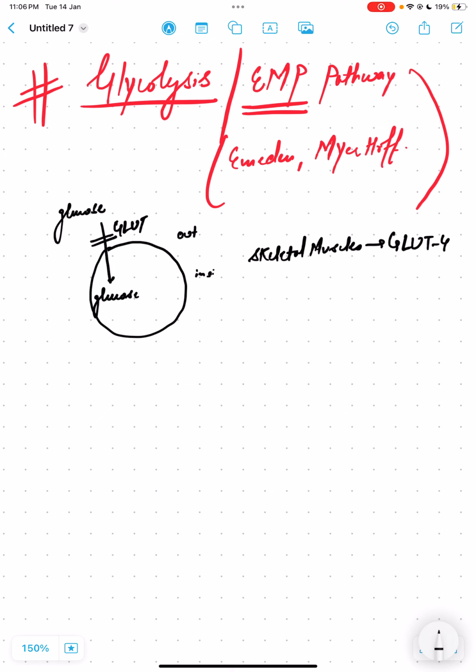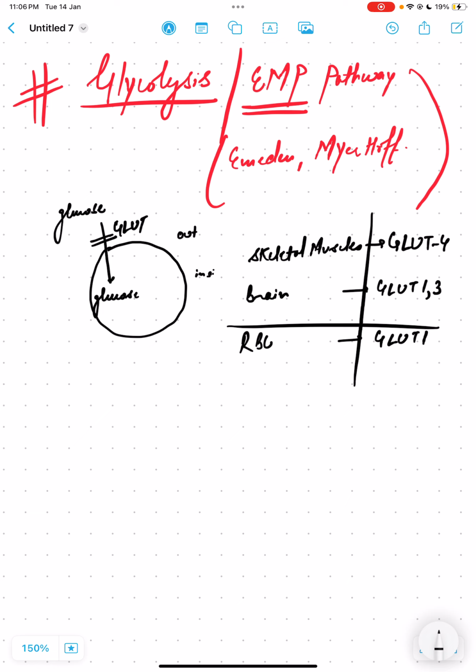In our brain we have GLUT1 and GLUT3, while in the RBC we have only GLUT1. So you should remember these receptors. This is how glucose from outside the cell can enter inside the cell with the help of GLUT receptors.